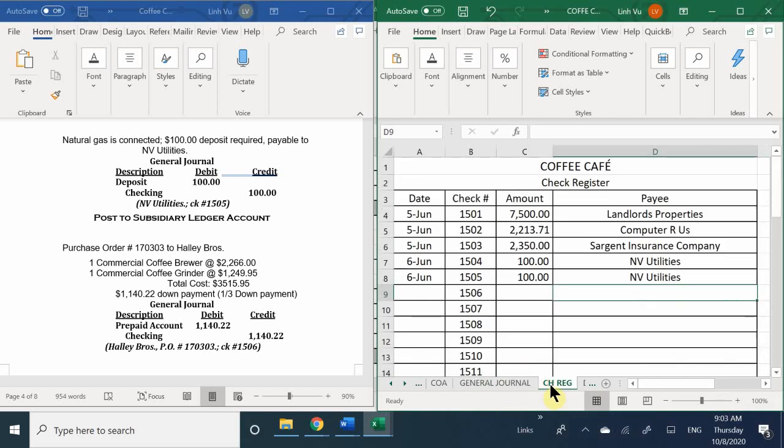Here I recognize I am utilizing check number 1506 for June 6. I wrote a check for 1140.22. Who did I make this check out to?